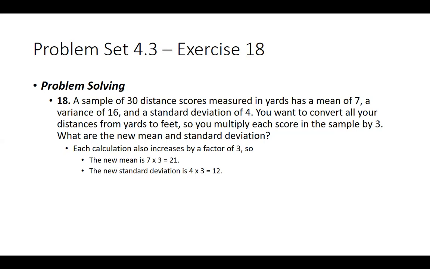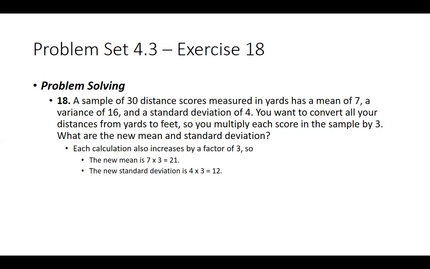One way to check that, if instead of 30 scores, we had 3 scores with a mean of 7. Well, let's make the 3 scores 7, 7, and 7. That has a mean of 7. And if we multiplied each of those by 3, our 3 scores would be 21, 21, and 21, which would be a mean of 21.